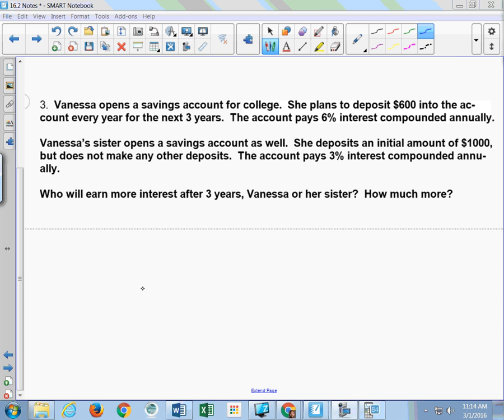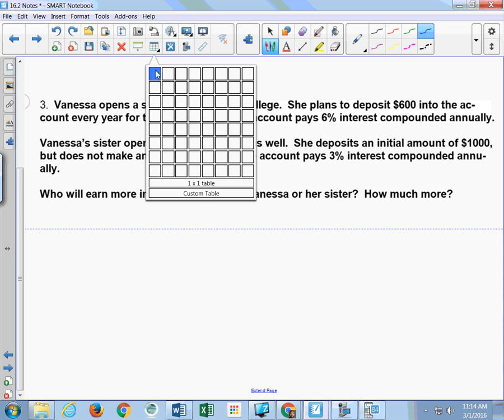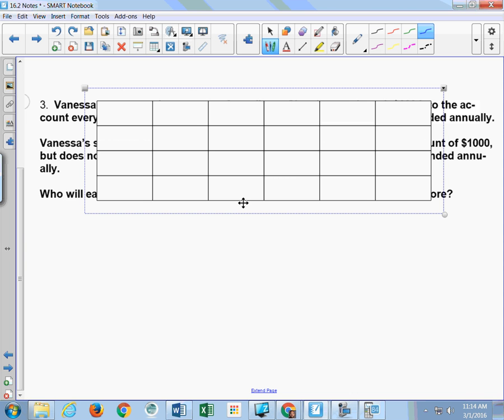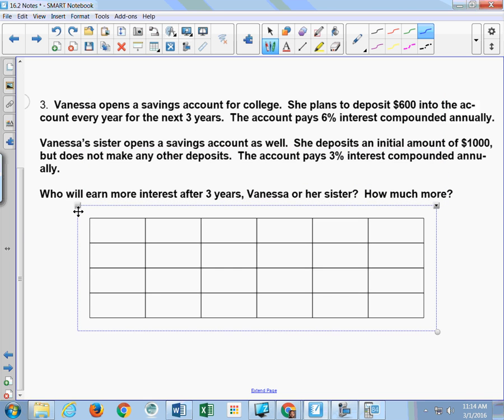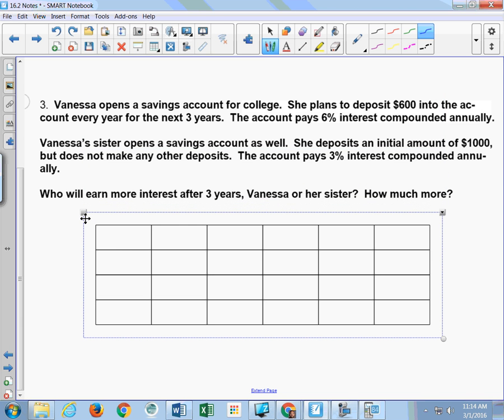So, make a little chart. This will be 6 by 4, make it a table.